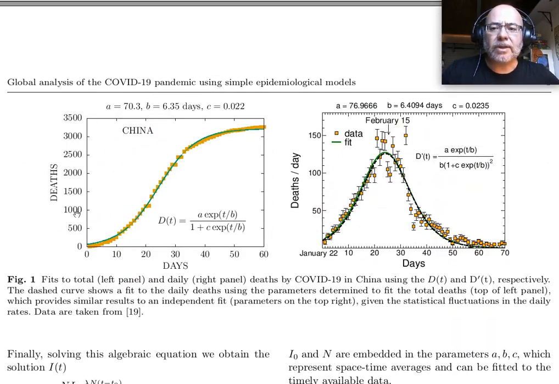You can see the total number of deaths as a function of day, how you suddenly have an increase of the curve and then a flattening of the curve. Obviously, the slope of this curve gives us the deaths per day, and you can also get what we call the D prime model, where you take the first derivative of this function, and you can get how long the evolution of the pandemic will take in different countries.